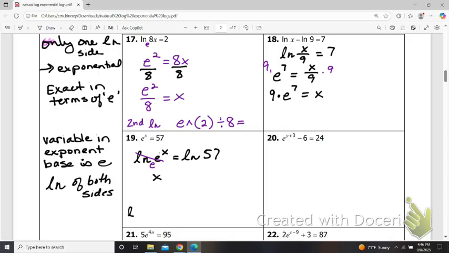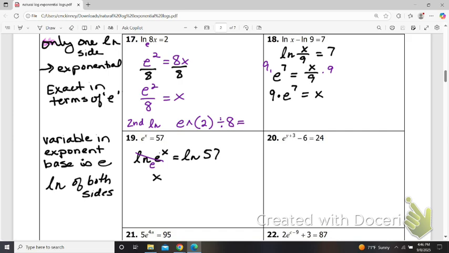Just like if I wrote log base 2 of 2 to the 3rd, because it's base 2 and this is 2, it's just 3. Or if it was just log base 2 of 2, it would be 1, like that's the first power. So when you have ln and e together, they just get rid of each other, and then the exponent can come down into the equation.